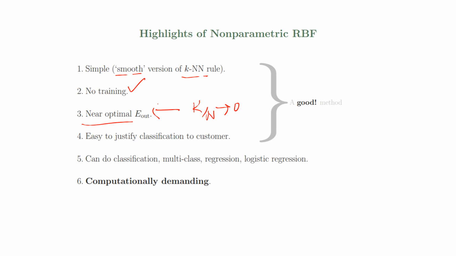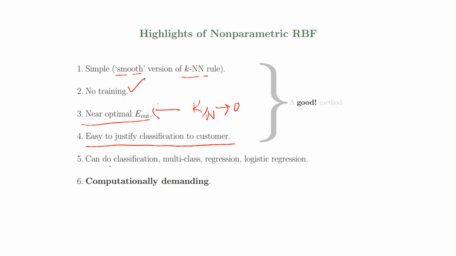Similar logic and intuition applies for r instead of k, so r versus n, and we can achieve near optimal. And it's again easy to justify to a customer, because it's an explainable model. You can easily justify why we are using this versus that.